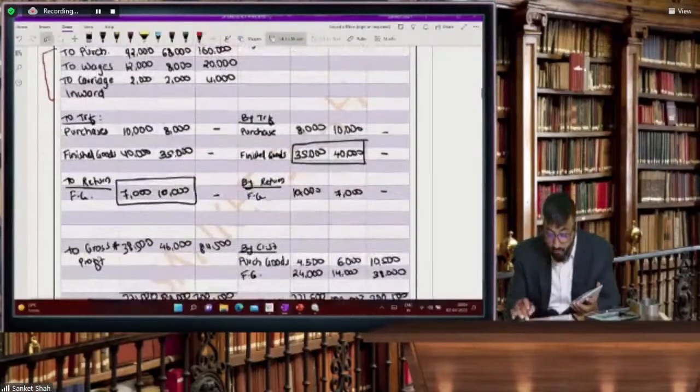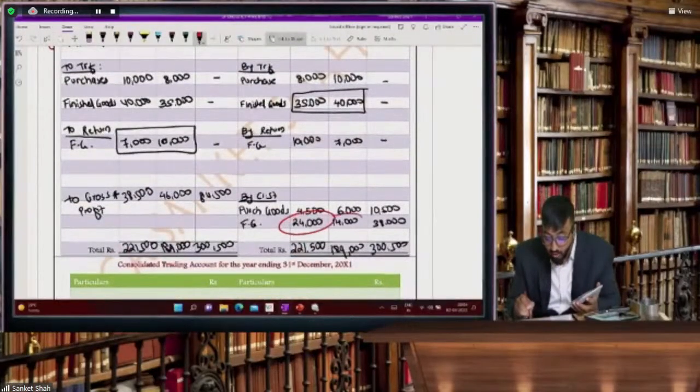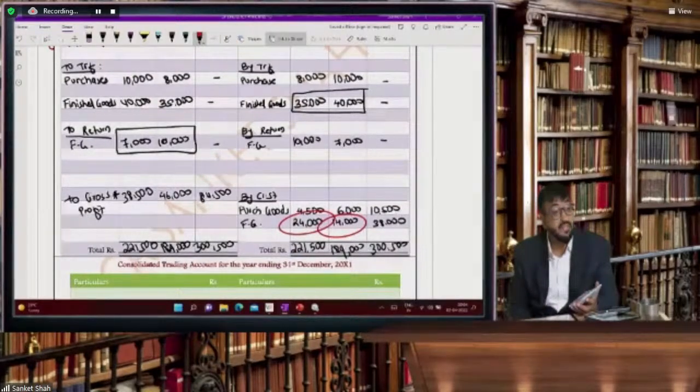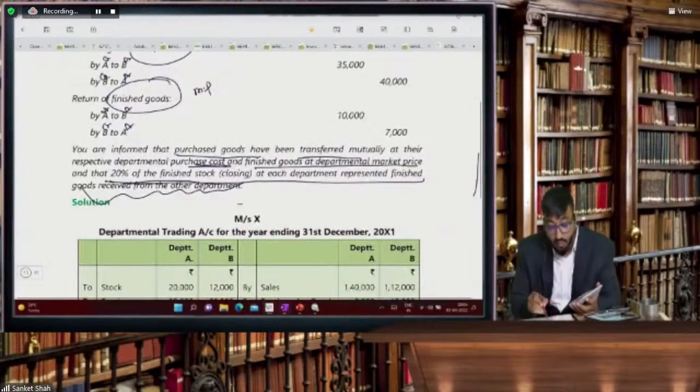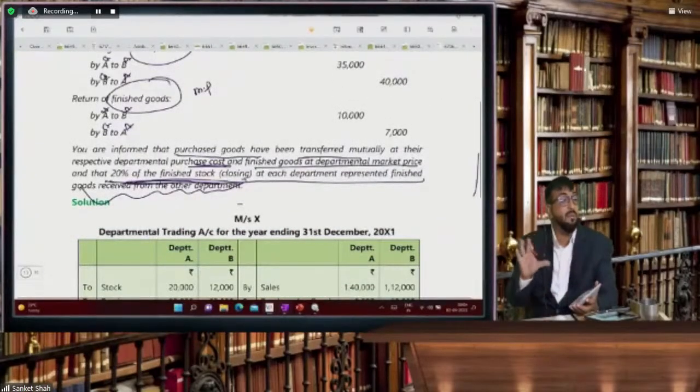So your finished goods का closing stock is not consisting of internal transfer 100%. Now this sentence you will understand. Only 20% of the finished goods are transferred from another department.